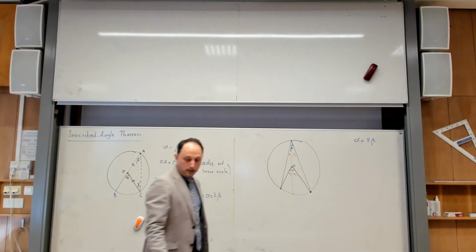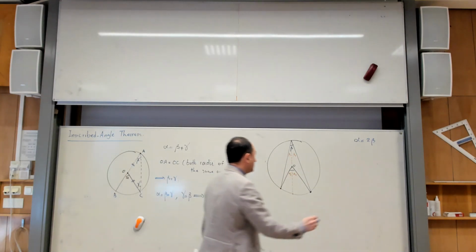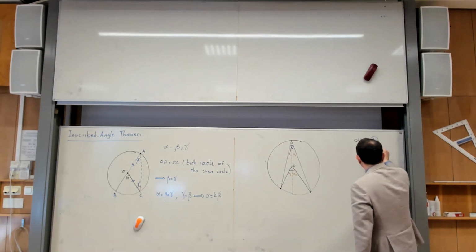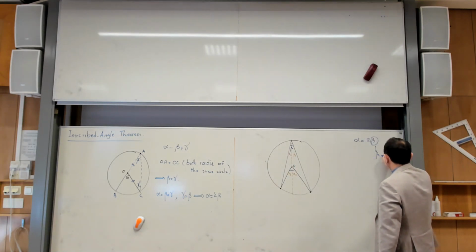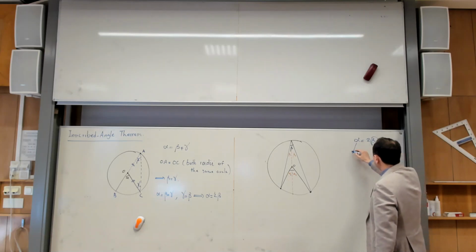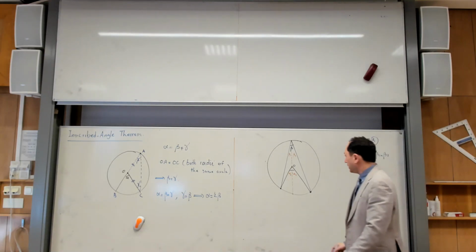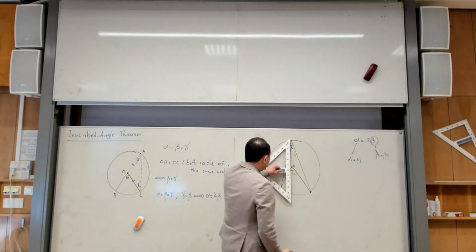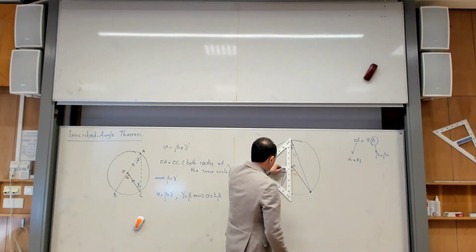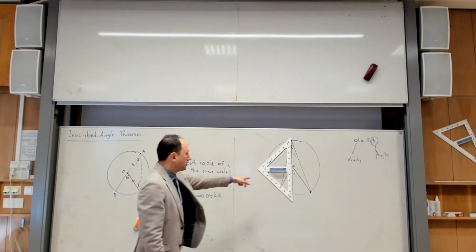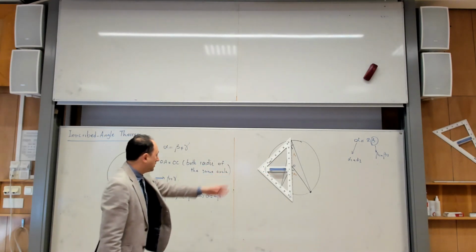So one thing is clear. Beta that I am working with is beta 1 plus beta 2. Alpha that I am working with is alpha 1 plus alpha 2. Okay? But forget about this part of the picture for the time being. Only concentrate on the right part. On the right part, you have this scenario.